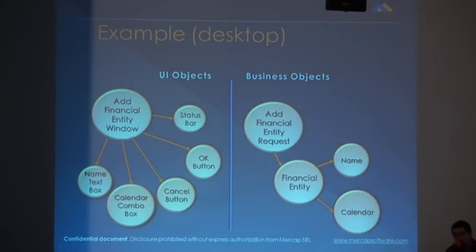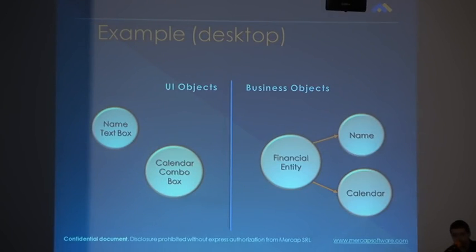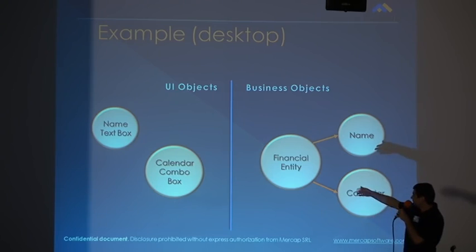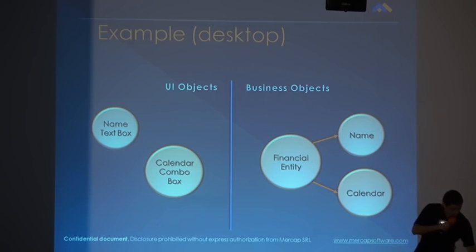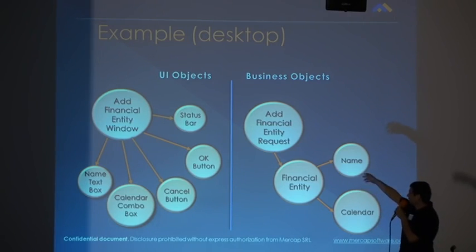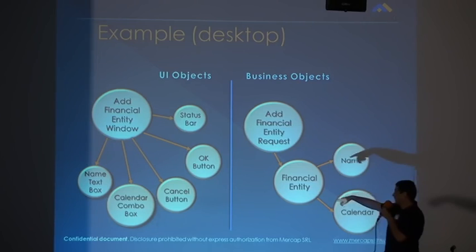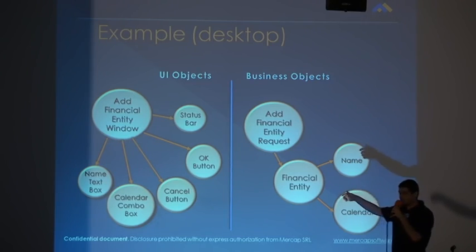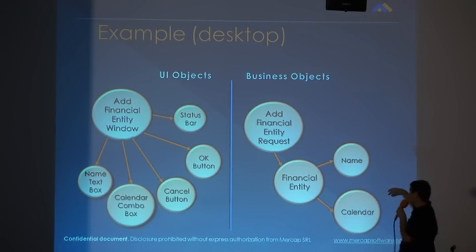Okay, let's see what objects were involved in that window. Among these objects, we have the window with the status bar, the buttons, the text field for the name, and the calendar combo. And on the business object layer, we have the object the window is supposed to create.